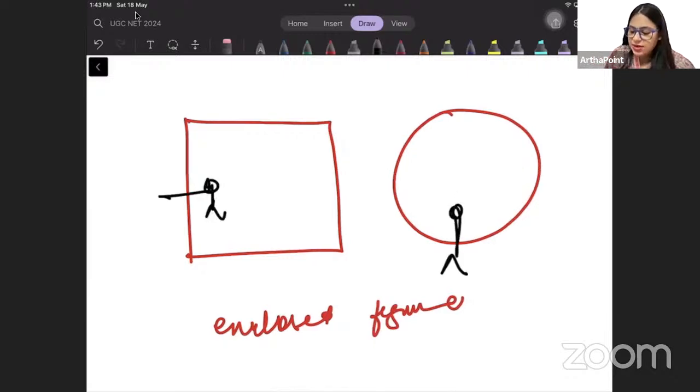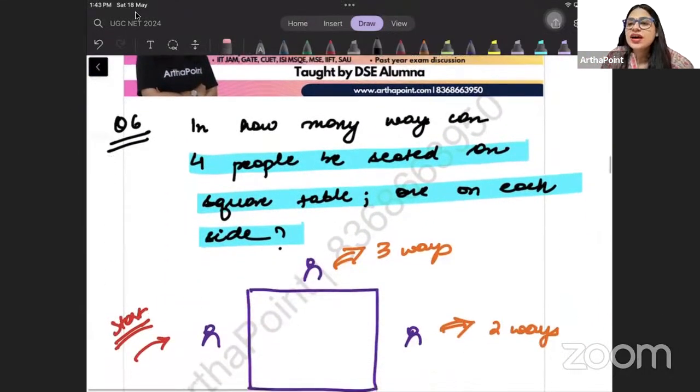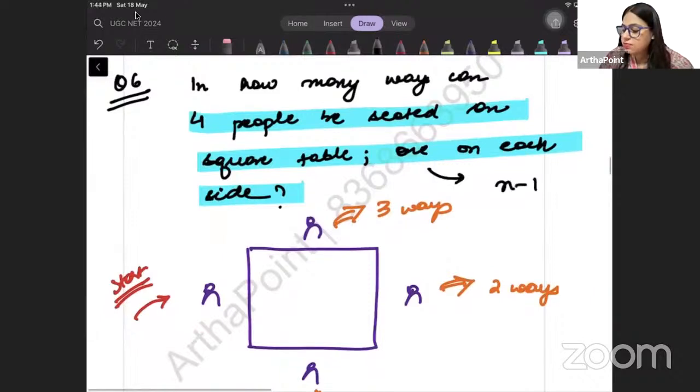In a square, this can be my point of reference. So we will eliminate one individual because that individual will be acting as a point of reference for me. Okay. So always remember that in an enclosed figure, you can arrange them in n minus 1 factorial ways.